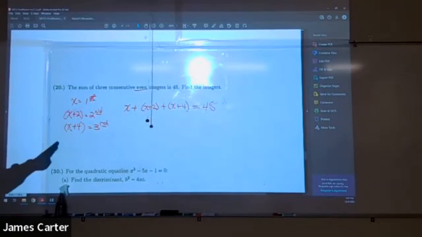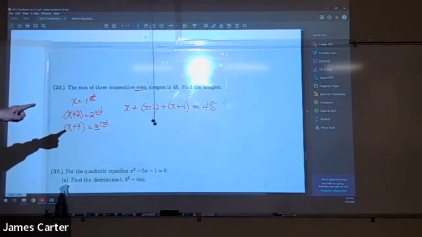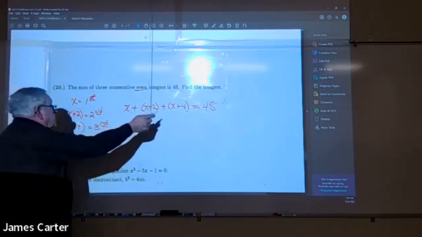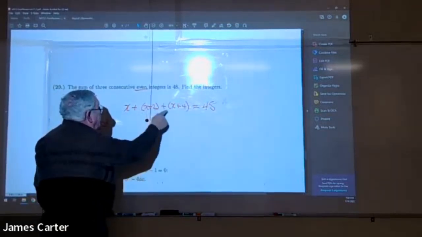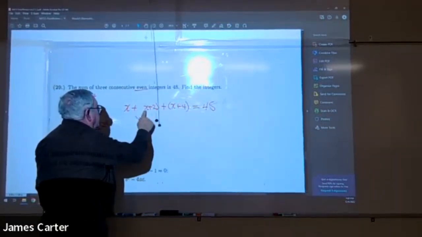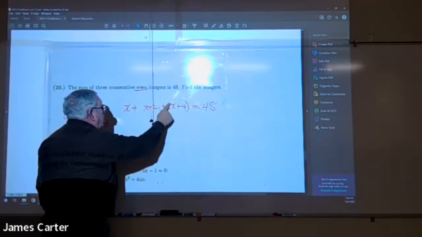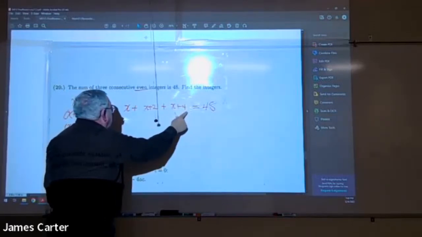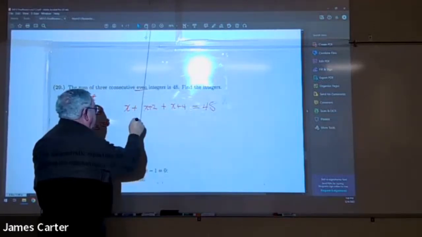You just got to read it step by step. Okay, look for that verb because that verb is always the equal sign. Now, we can solve this thing. We really don't need these parentheses. Let's add all the x's together.